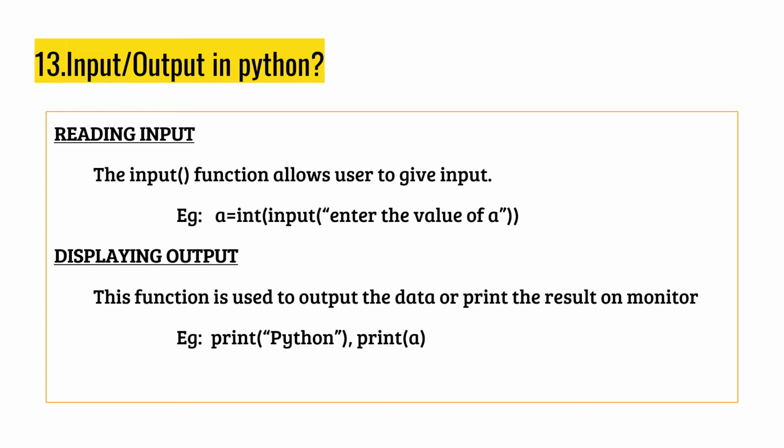So in our case there are two examples. One example is print Python under double quotation. In this case, Python will be displayed on the screen. In the next example, print A, here the value of A is printed. So whenever you want to print the value of something, you have to pass the identifier name as the parameter, as the argument to the function.